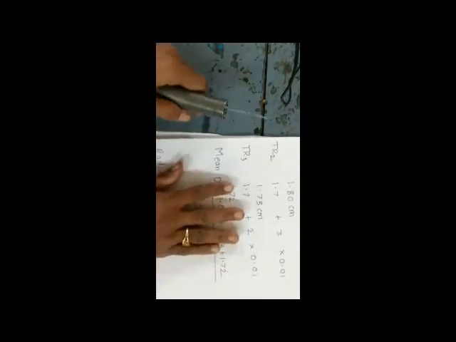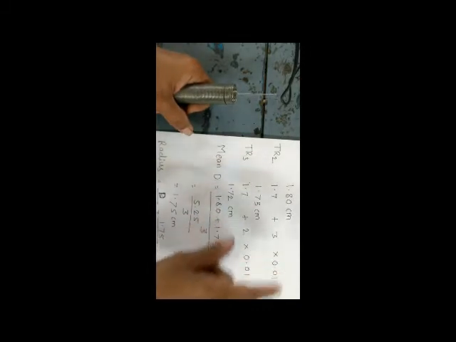For the first reading we use the formula: MSR plus VSR into LC. In this way we find the first reading of the spring.